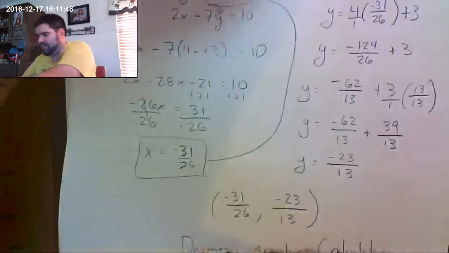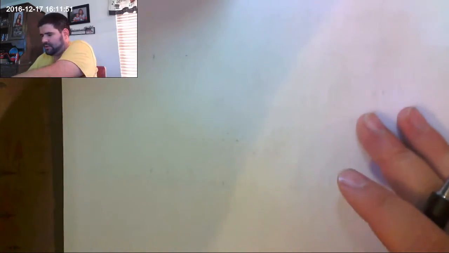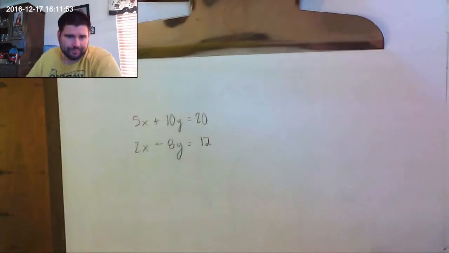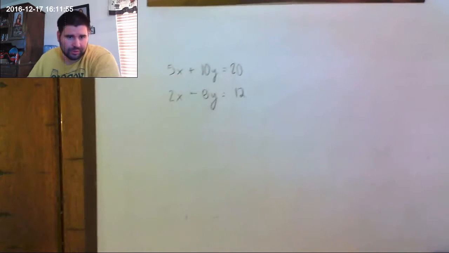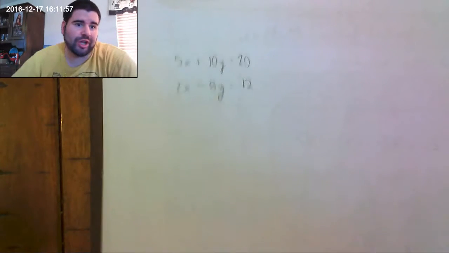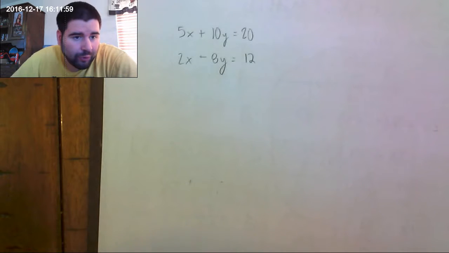Anyways, I got one more example for you here. Let's flip over to the back side and work on this guy. So this one, these two equations, none of them is solved for x or y. So how do I solve this?